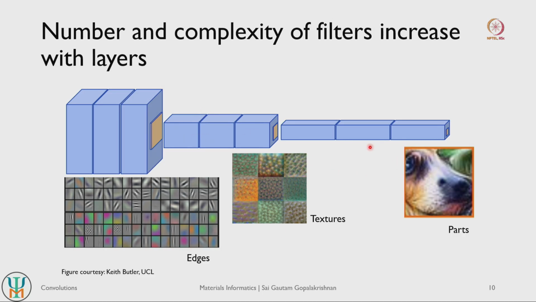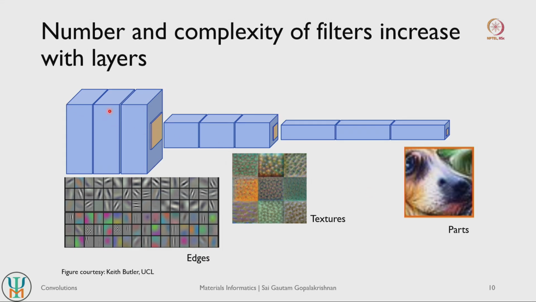And if you increase further in complexity, maybe you recognize parts of your dog, like eyes and nose. So the complexity of the filters in general increases with the number of layers in your convolutional neural network.